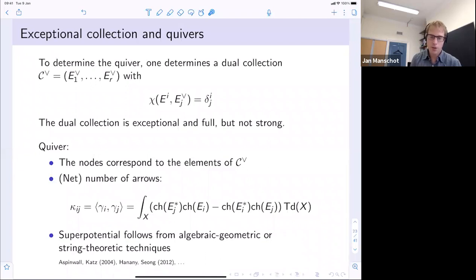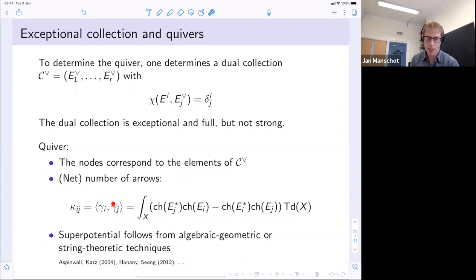Now the quiver is constructed based on the data of this dual collection. The nodes correspond to the elements of the dual collection, and we get a net number of arrows kappa_ij, which is the difference of the Euler numbers of the dual collection.